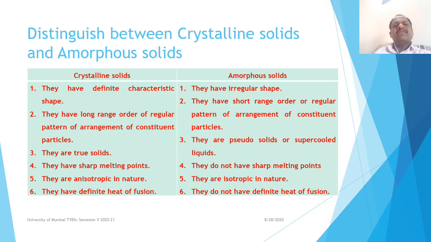Then in a liquid, the arrangement of constituent particles is not to that extent like in solids. So the electrostatic force of attraction between two atoms or two molecules in a liquid state is slightly less as compared to solid, but more as compared to gases.